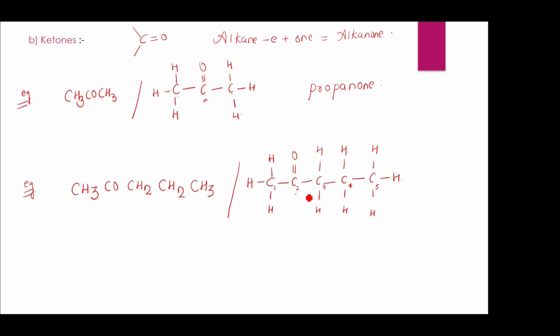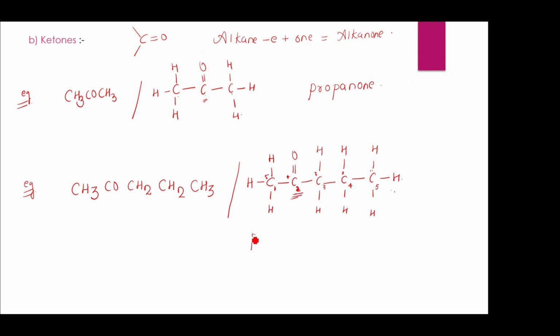Always remember that the functional group should get the least number. If we count from the left side, the functional group gets the second number. If we count from the right side, it is 1, 2, 3, 4, and 5, so the functional group gets 4. The functional group should always get the least number, so this is the correct name: we count from 1, 2, and the functional group is in the second position.